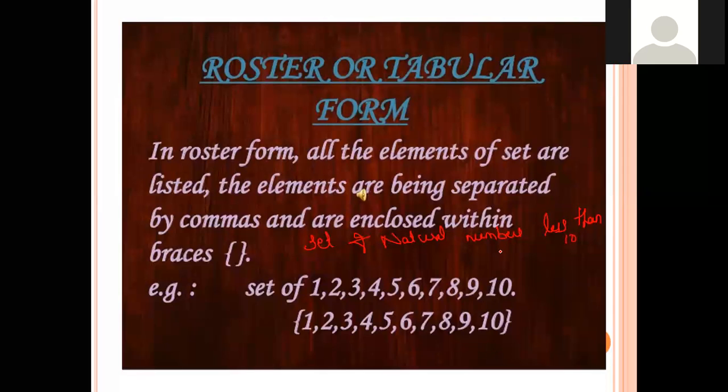In roster form, you write its elements, which means what are the natural numbers less than 10. So you'll write 1, 2, 3, 4, 5, 6, 7, 8, 9. You write the elements itself, and that is called roster form. You separate the elements by commas and enclose it within a flower bracket.